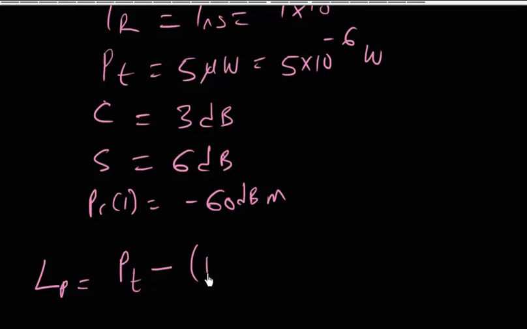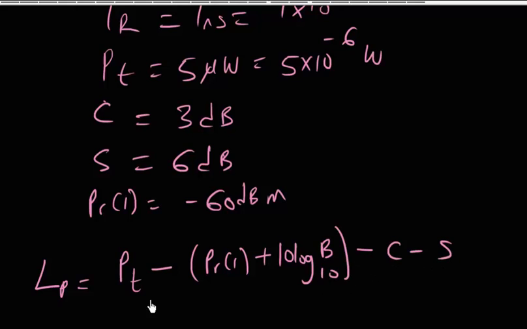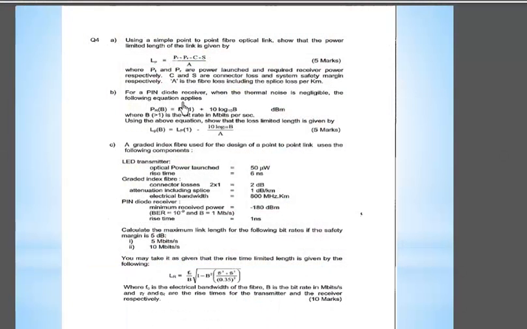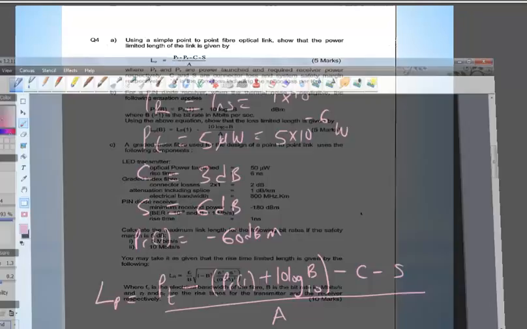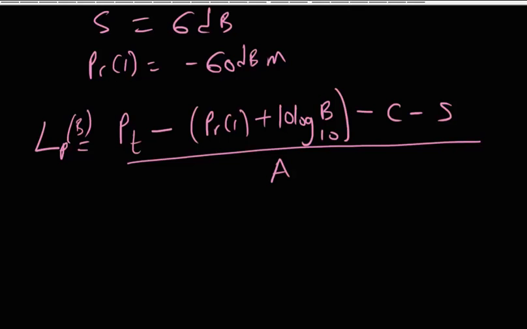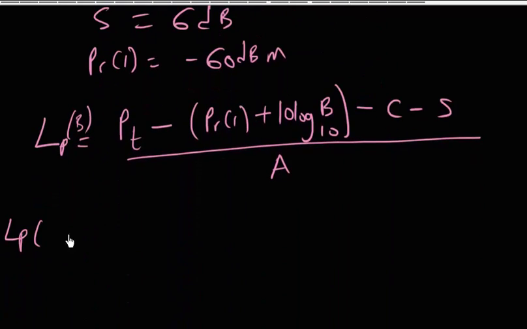PT minus PR of 1 plus 10 log B over A. I'm using this formula for PR or B. So it's LP of B. What's the bandwidth? 30. So I can say LP of 30.